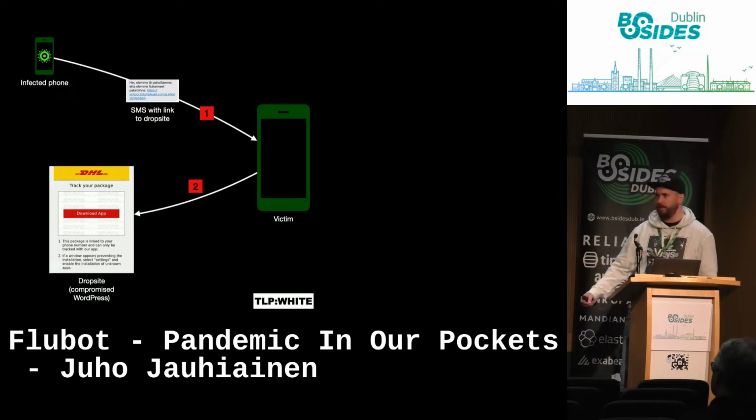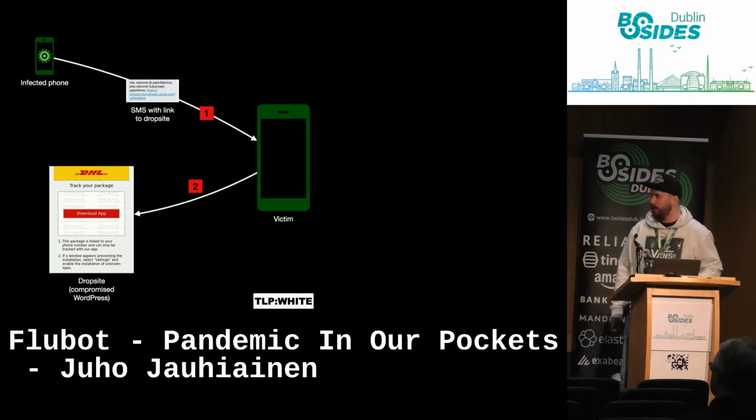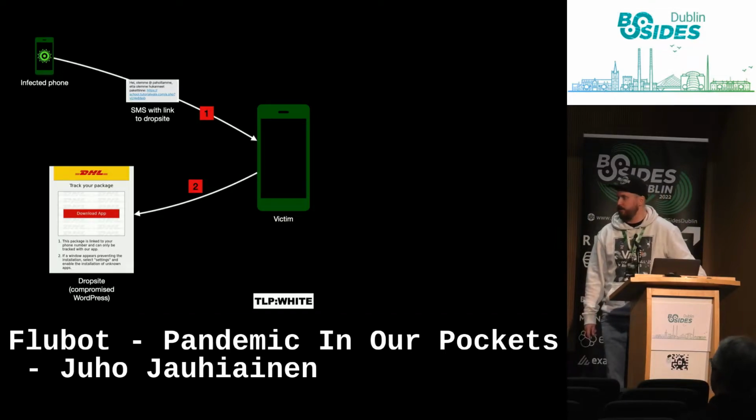So they have a database in their backend where they are matching all the links with the target victims. A lot of features that are not that common for this kind of bulk malware.